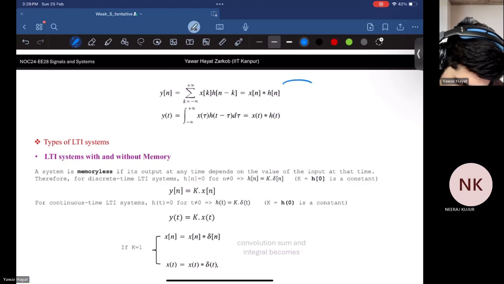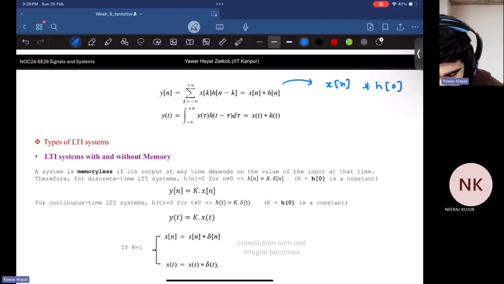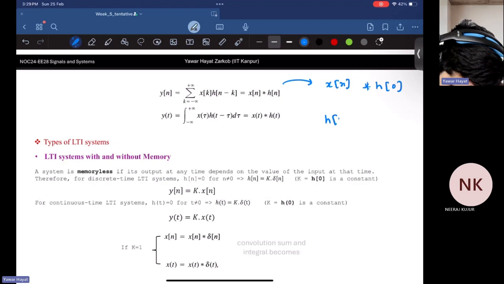See, what I said was when this k is n, since I can only have x of n if I'm interested in y of n, I'll only have h of 0. I'll have this factor, right? So then I said this h of n would be k times delta of n.